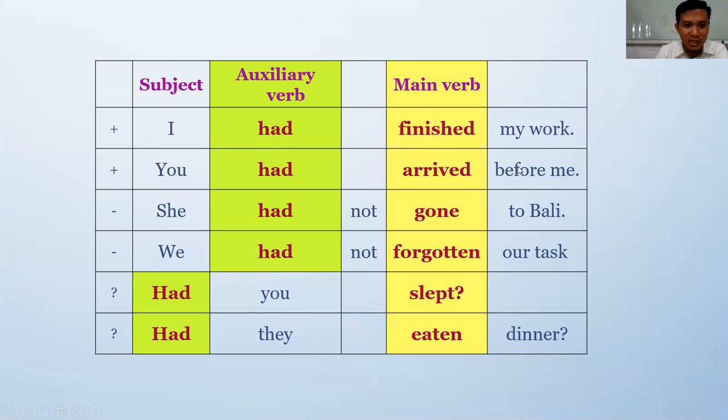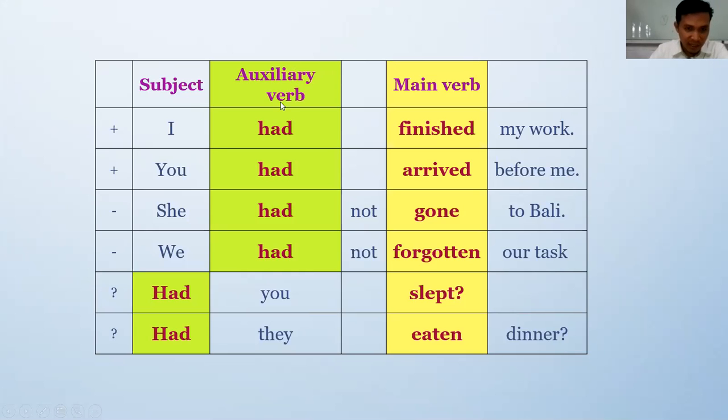It means there are two actions here. You had arrived and I arrived. Who arrived first? If you arrived first, you can say you had arrived before me or before I arrived.